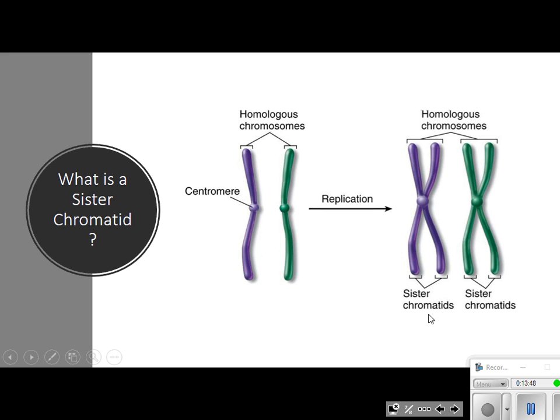But these sister chromatids are duplicated copies of a single chromosome. All right, now that you got your sister chromatid colored in there or in your interactive notebook, let's keep going on.